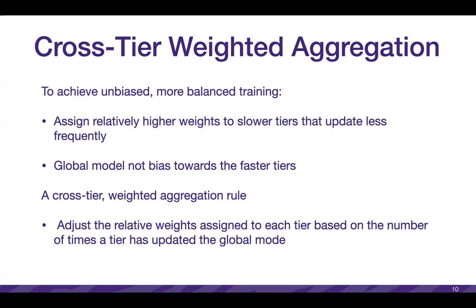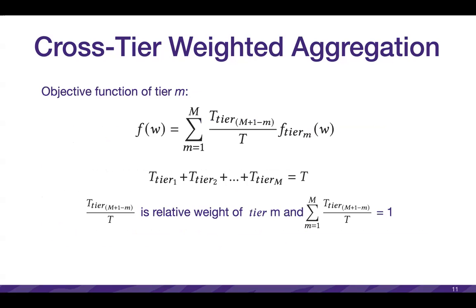And just as Dr. Pan said, to solve the cross-tier weighted aggregation, we need to guarantee that the global model will not be biased to some more frequent clients. So we need to assign higher weights to the slower tiers. So the authors proposed a cross-tier weighted aggregation. You can see the objective function of the whole training.